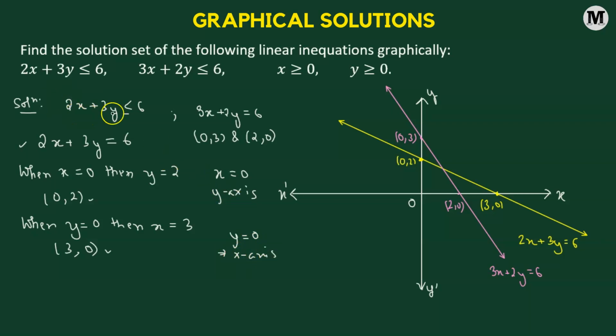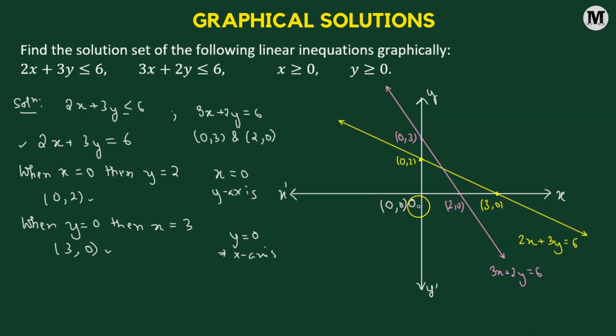We choose the first one, 2x plus 3y less than or equals to 6. What does this mean? Now we see here that 2x plus 3y equals to 6, this particular line, divides the xy plane into two regions. One region is going to lie above the line and the other region is going to lie below the line. We're going to consider any point on the xy plane, and the best point to choose will be the origin.